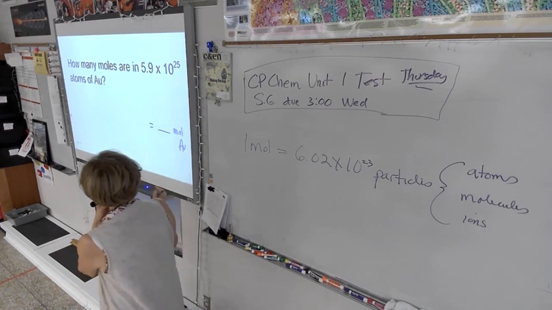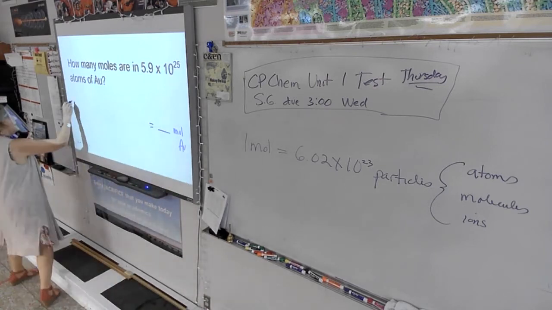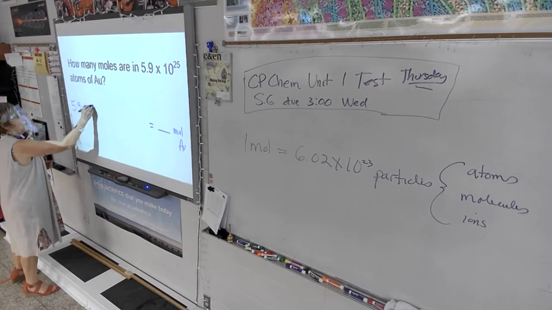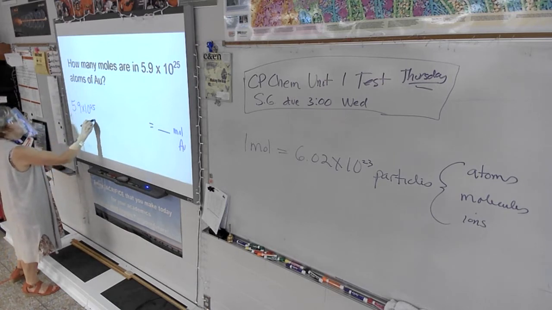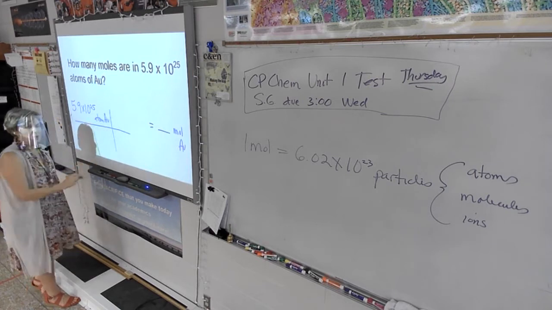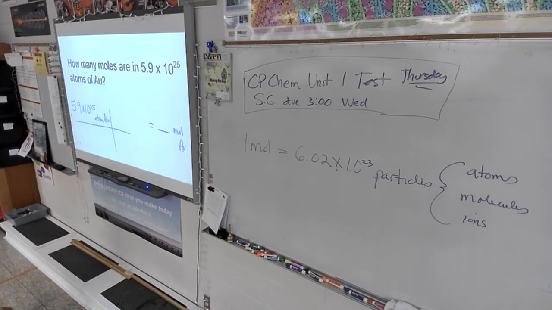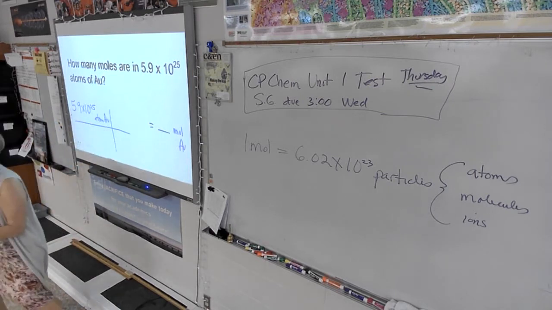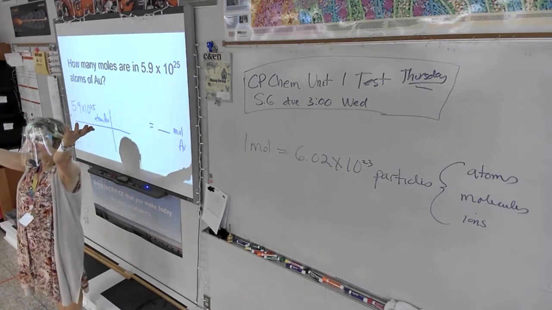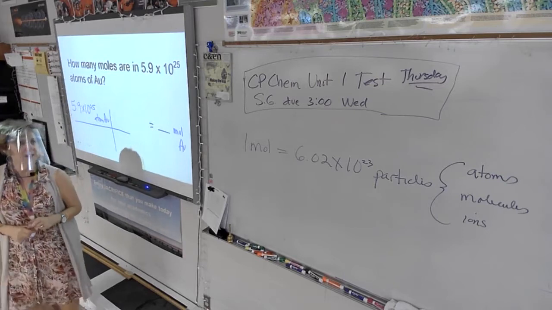I want a single unit, so I'm going to start with a single unit. So I'm going to start with 5.9 times 10 to the 25 atoms of gold. So I am going to use a conversion. Do you know a conversion that has atoms and moles in it? 1 mole equals 6.02 times 10 to the 23.